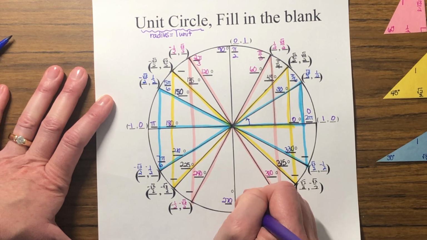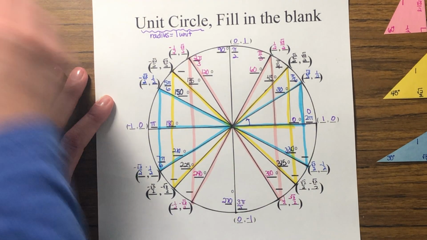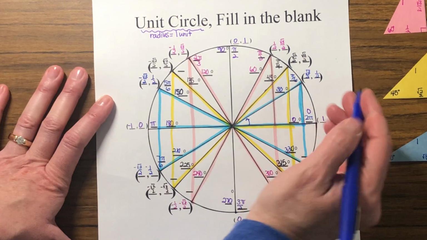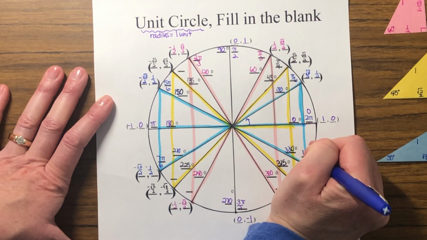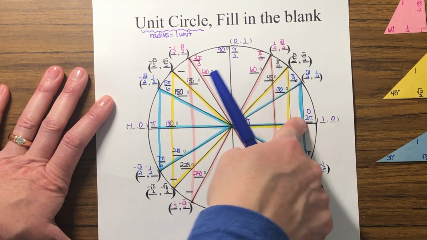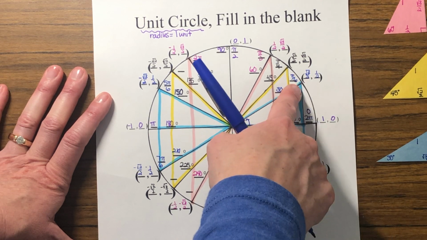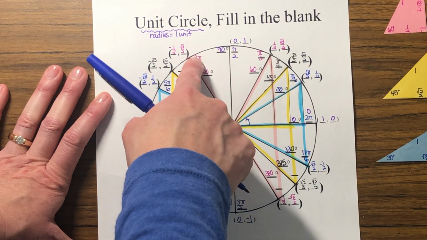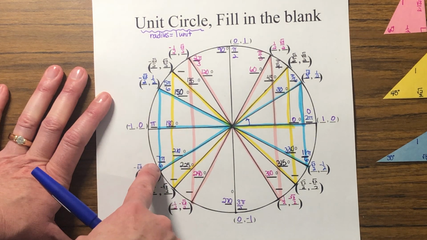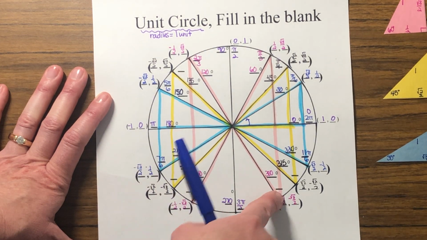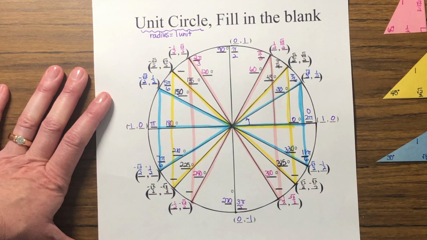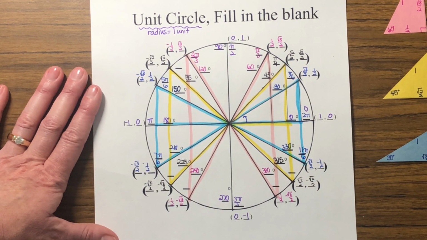It's 3 pi over 2. 10 pi over 6, and this one would be 11 pi over 6, and then we'd be back here to 12 pi over 6. So we can count it that way: 1, 2, 3, 4, 5, 6, 7, 8, 9, 10, 11, 12 pi over 6.